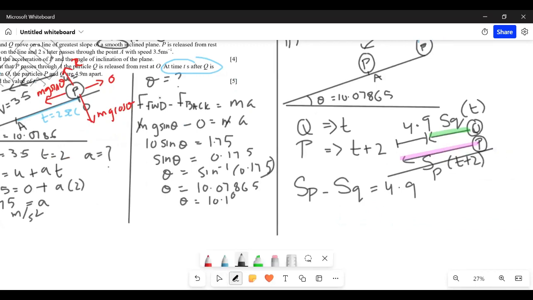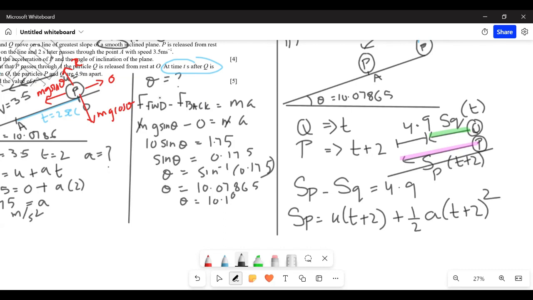Now we're going to use the equation S equals UT plus half A T squared for both of them. So for SP, it is going to be U, instead of T you're going to use T plus 2, plus half A times T plus 2 squared.